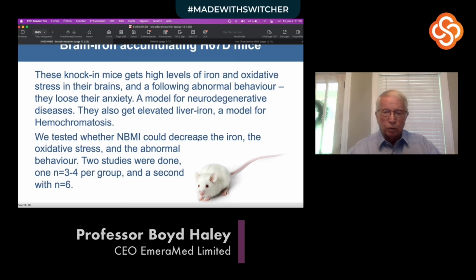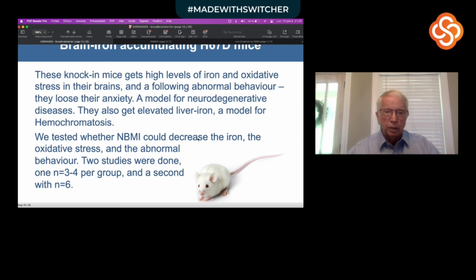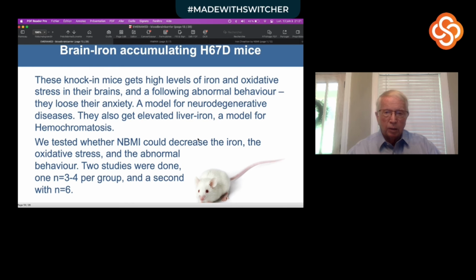They become inert objects in the body that are excreted slowly, but they're totally without toxicity. It does decrease the iron, but it decreases the oxidative stress much faster than it gets rid of the iron.